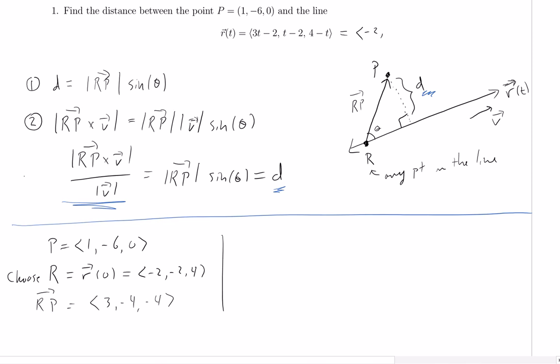So we have (-2, -2, 4) as the constant terms, plus t times (3, 1, -1). And so this is our vector V in this example. So for us here, V we can take to be the vector (3, 1, -1).